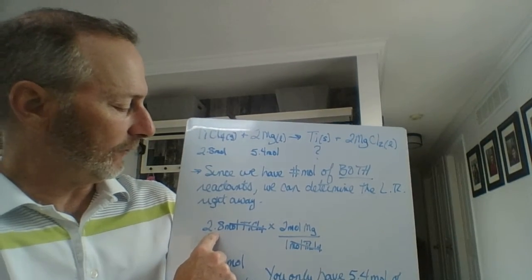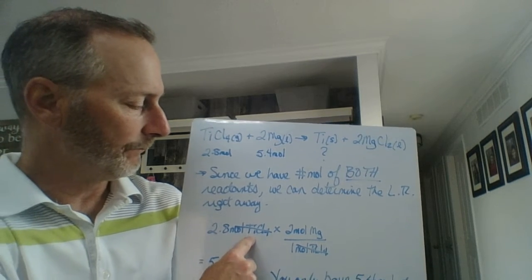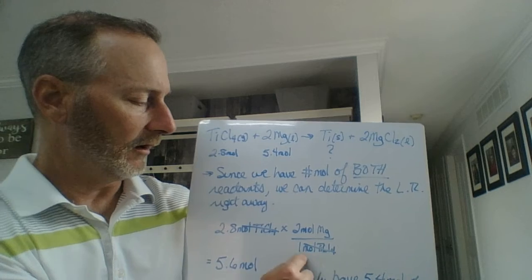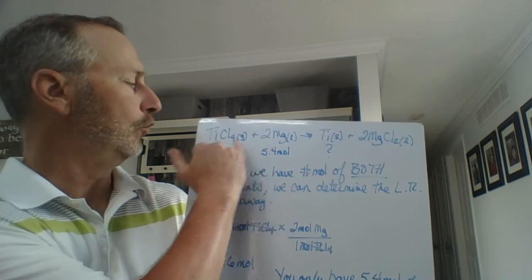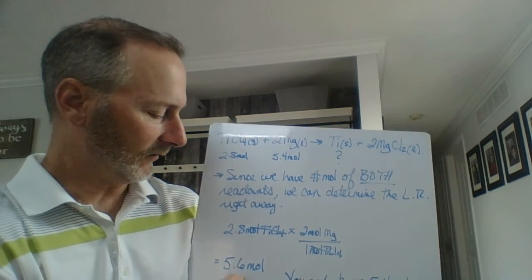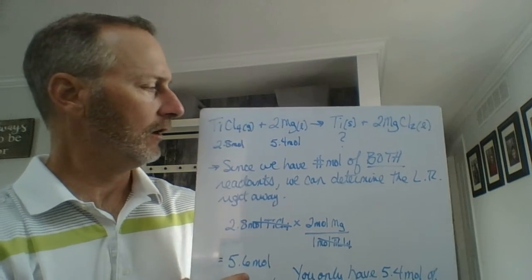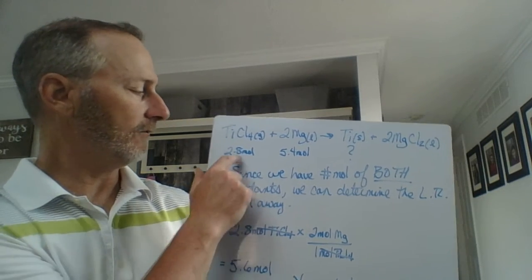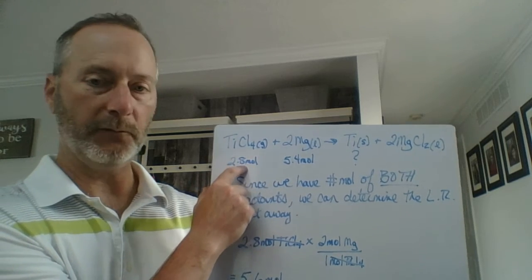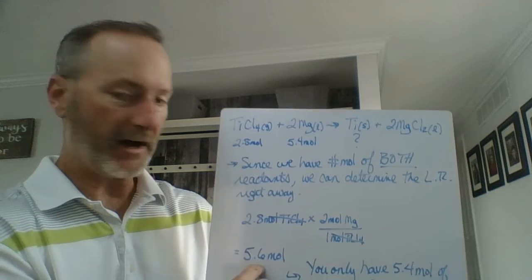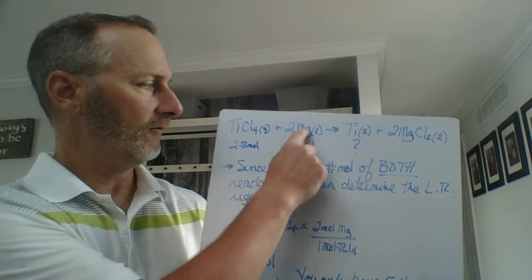If I have 2.8 moles of titanium 4 chloride, I multiply by 2 moles of magnesium per 1 mole of titanium 4 chloride, because it's a 2 to 1 ratio. That's going to give me 5.6 moles. So if I have 2.8 moles of titanium 4 chloride, in order to use all this up, I'm going to need 5.6 moles of magnesium.